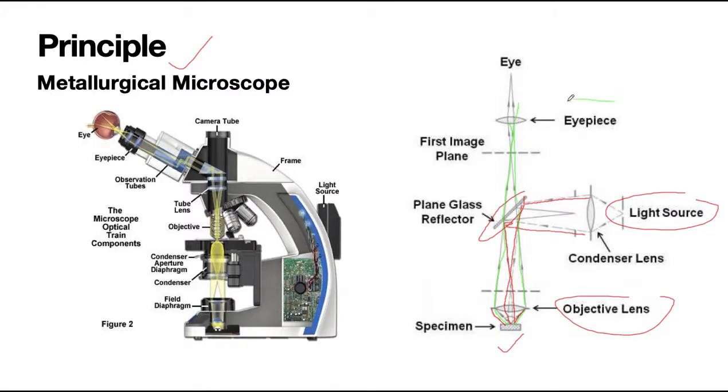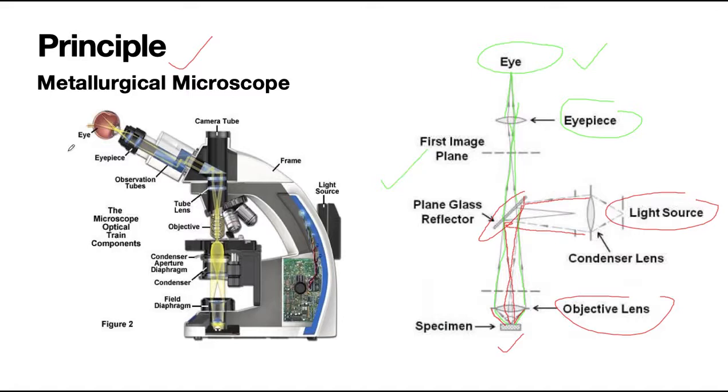This is the upper lens of the system, and the magnified image can be seen through the eyepiece. So this is how a metallurgical microscope works.